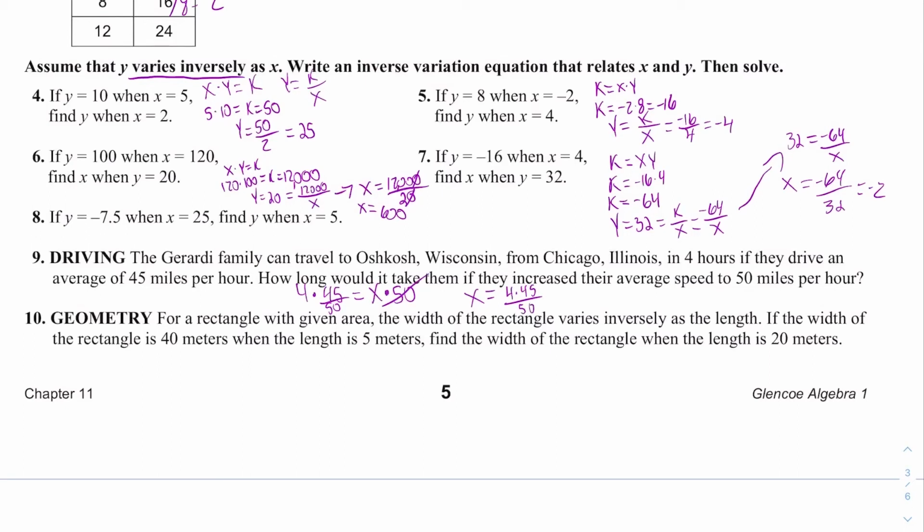You could reduce that fraction, but we're probably going to need a calculator anyway. So let me use my calculator. 3.6 hours.